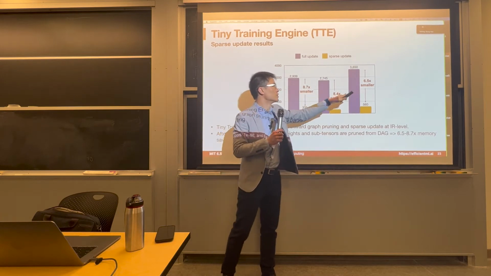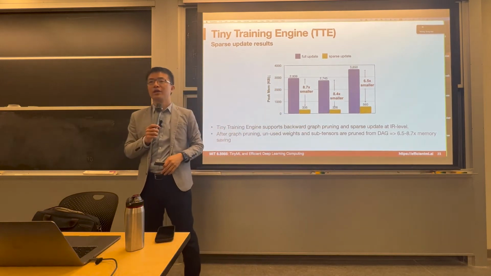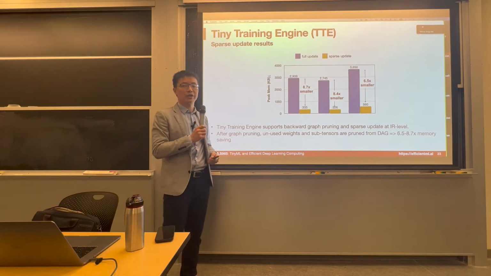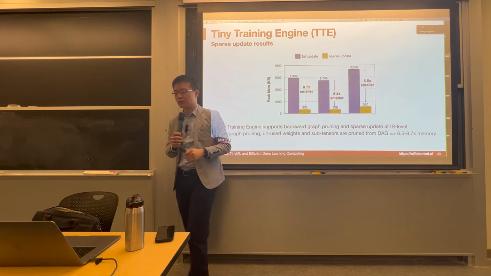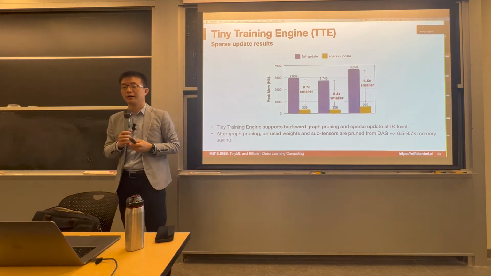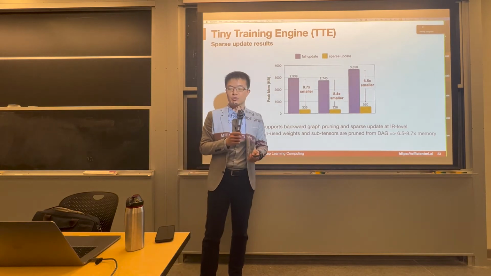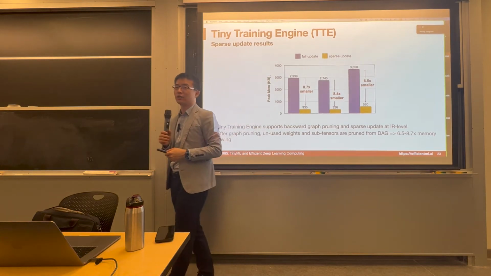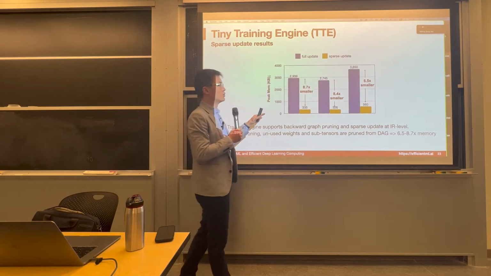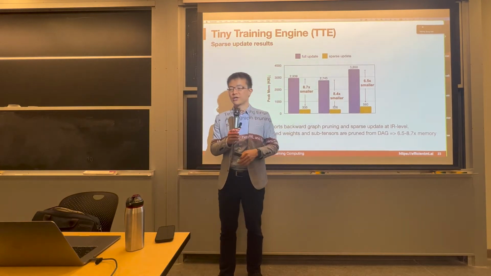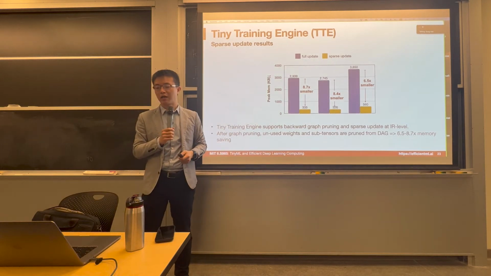So it ranges from 6.5x reduction to 8.7x reduction just by this sparse update. This is the example on image classification tasks. We also explored such techniques on transformers running on BERT, and a similar method can also save the memory consumption on language tasks like BERT.